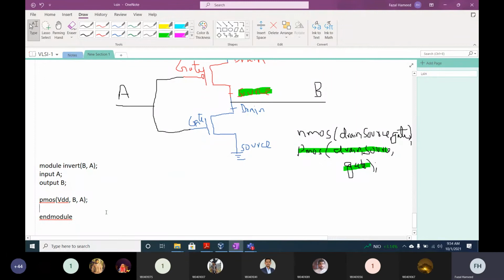Now we look at the transistor NMOS. In NMOS, the first parameter, or the first interface, is drain. So in this schematic, drain is connected with which signal? B, sir.